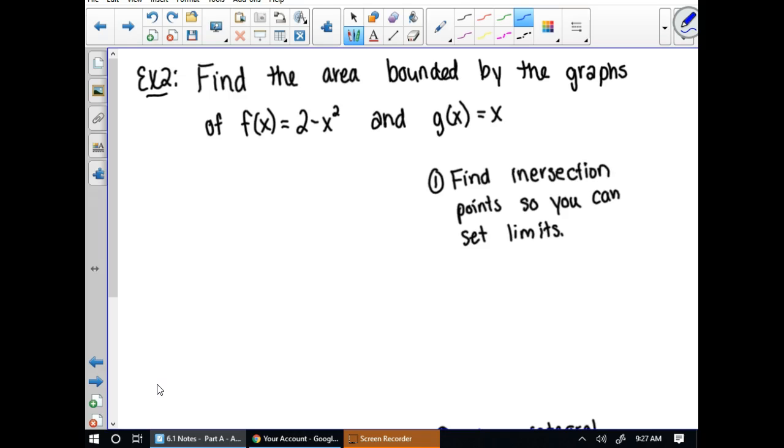So when I have a problem like this, if it's something that I can graph pretty easily, I like to graph it because it helps me see what I'm looking for. It also, in this case, is going to help me find what limits I need to look at.